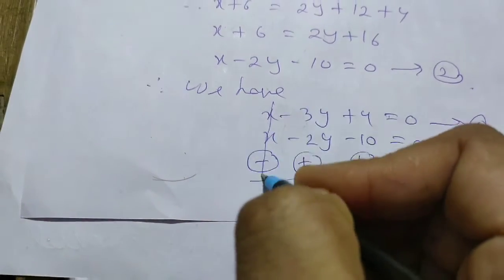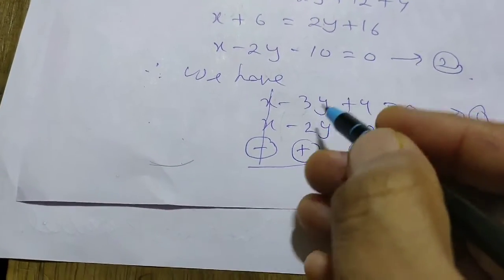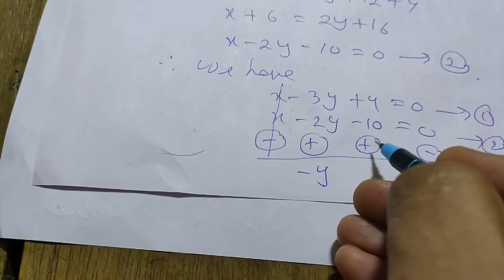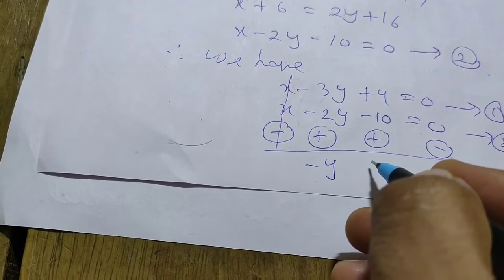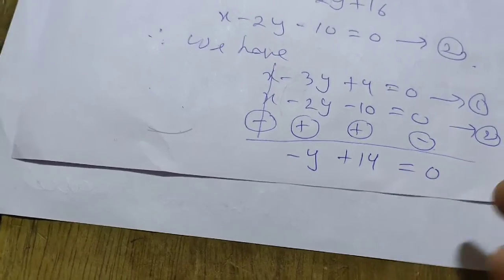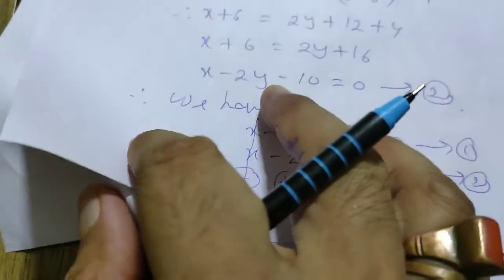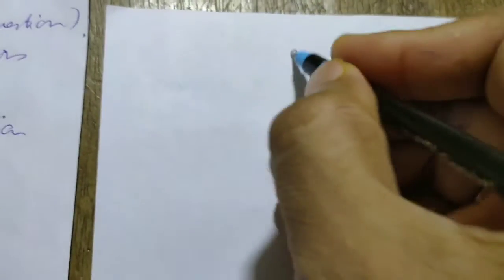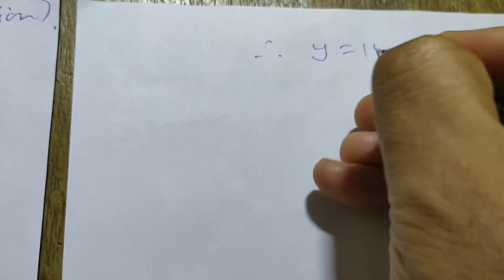So plus x minus x cancel out. 2y minus 3y will give you minus y, and plus 10 plus 4 will give you plus 14 equal to 0. So this is what we have got. Now we'll solve further. Minus y plus 14 equal to 0. Therefore we'll get y equal to 14.